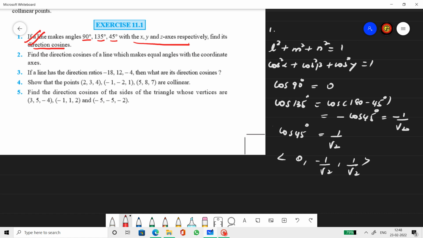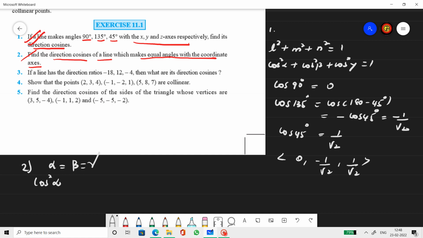Now let's see the second one. Find the direction cosines of the line that makes equal angles with the coordinate axes. Here the angles are all the same, that means alpha equals beta equals gamma. So cos square alpha plus cos square beta plus cos square gamma is 1.